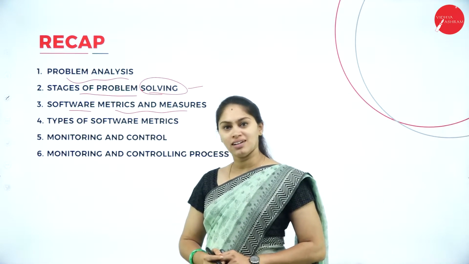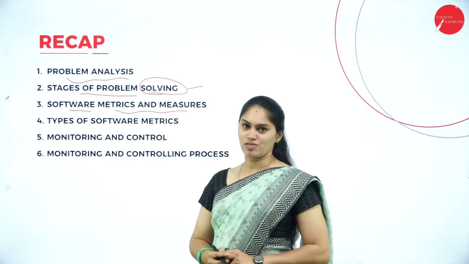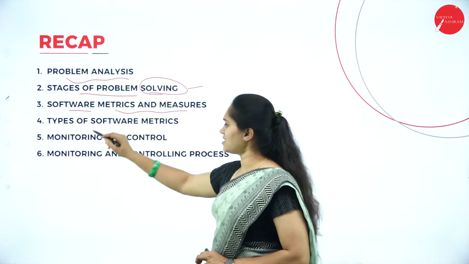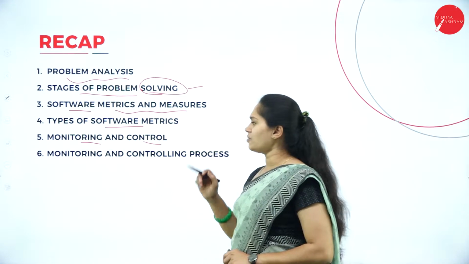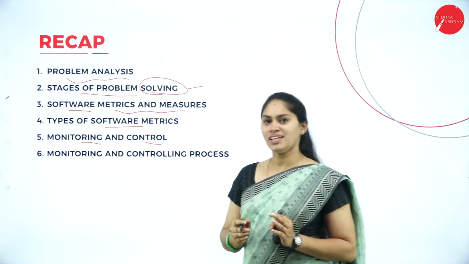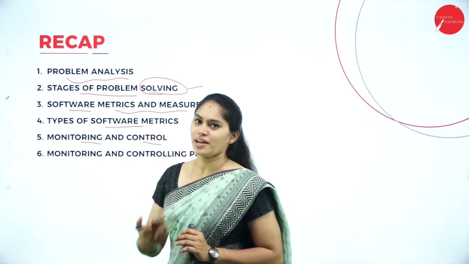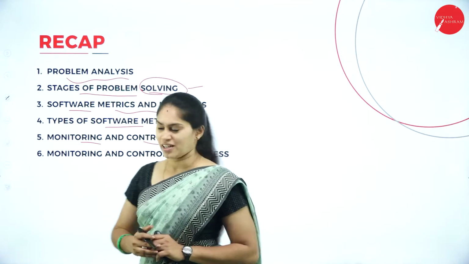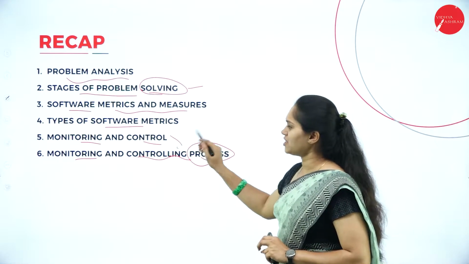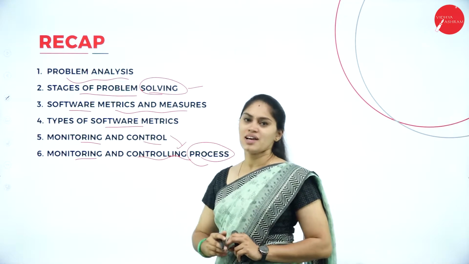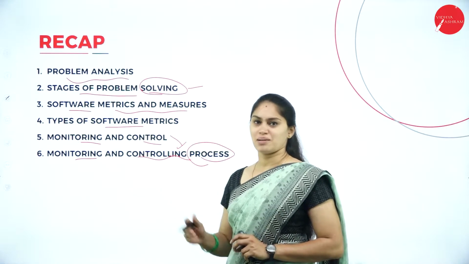In that, we learned regarding the classification of software metrics and its types, and also we got to know what monitoring and control of a product or a project or even a software is, and the processes we have in software controlling as well as monitoring. That is what I discussed in my previous session.